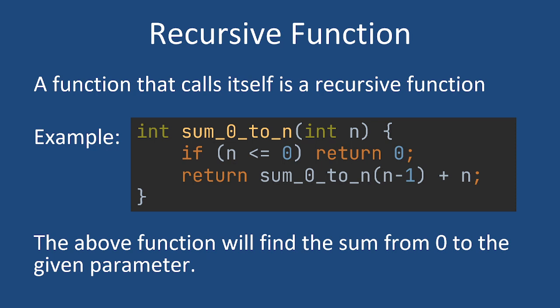But what if there were two functions, let's say chicken and egg, and egg would call chicken and chicken would call egg? Would that be recursive? Well, it would be, because a function that calls itself is a recursive function directly or indirectly. So indirectly it is calling itself. Therefore we call that function recursive.